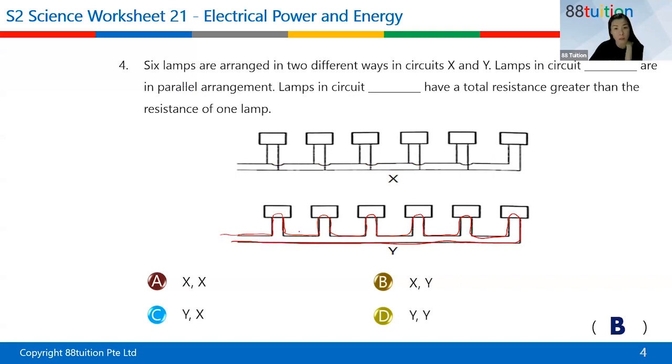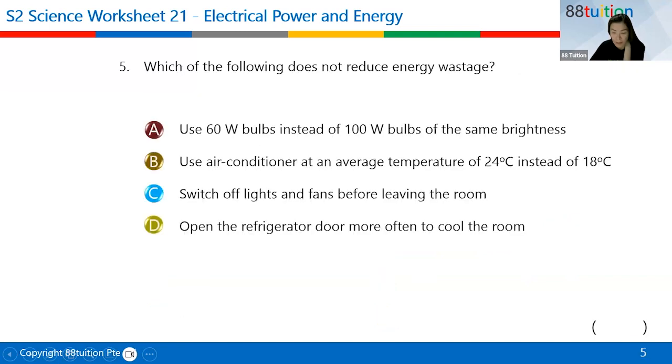Then that means it's in series, okay? If you can use your pen to draw a complete loop without lifting your hand, okay, then it is arranged in series. Question? No? Next one, question 5.